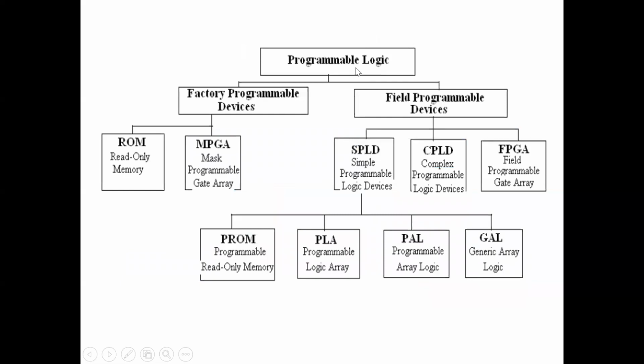See, under programmable logic devices, you have factory programmable devices and field programmable device. Factory programmable means these are programmed in the factory for the particular application and they come. Usually programmable logic devices have many arrays of AND and OR gates, and using those arrays of AND and OR gates we program for a particular application.